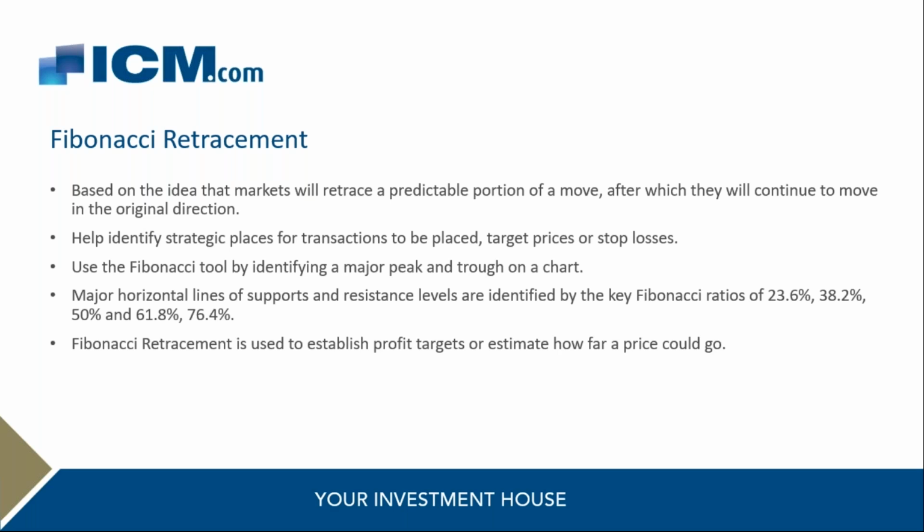This gives the opportunity to enter the market again on the buy side. If a market is in a bearish downside direction, it gives a small correction back and then goes downside again. These are the levels from which the market continues in the trend direction, helping to identify the strategic place for the transaction, target price, and stop loss.